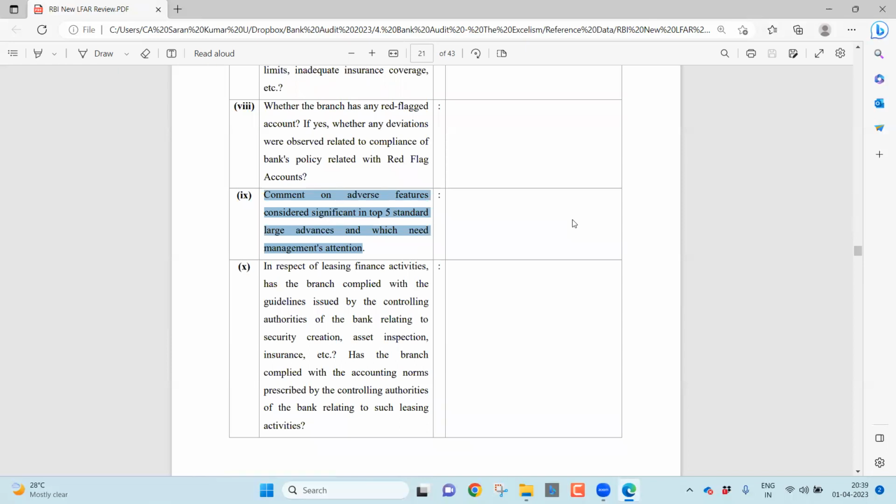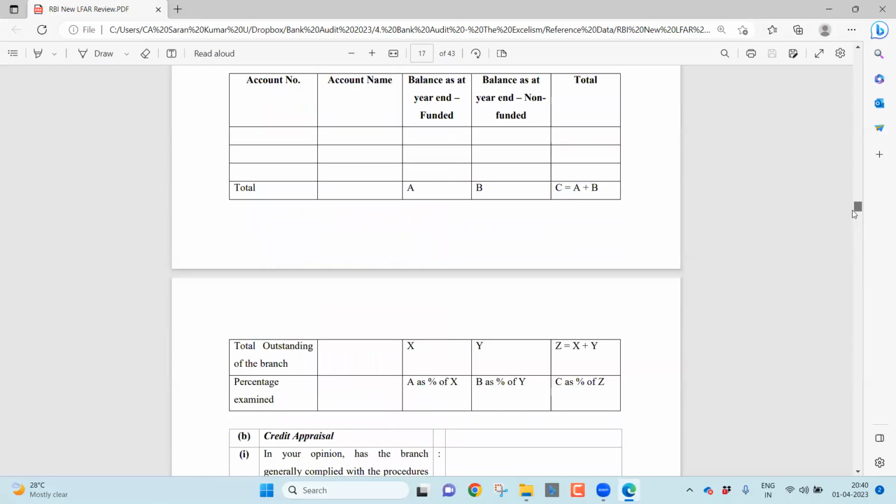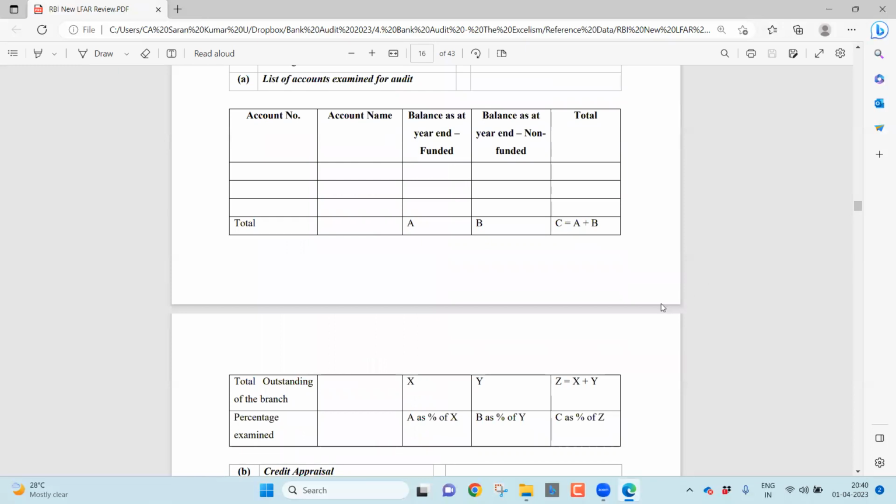To answer this question, you have to take the top 5 standard large advances and analyze the data. That means you are indirectly doing a transaction audit. So, whether large advances are there or not in the branch, you have to consider the top 5 standard advances as large advances. Those 5 will anyway come here.